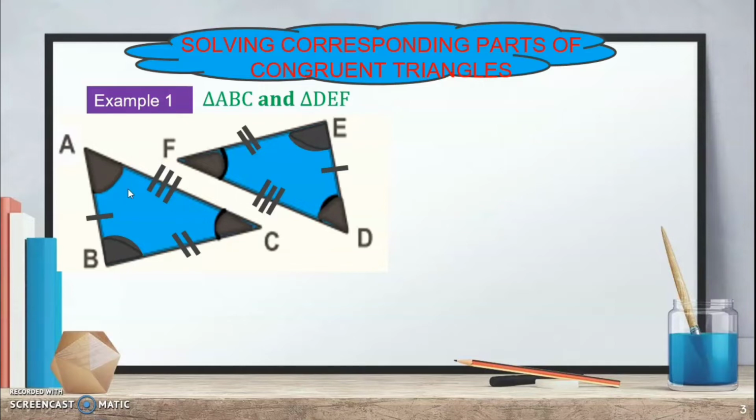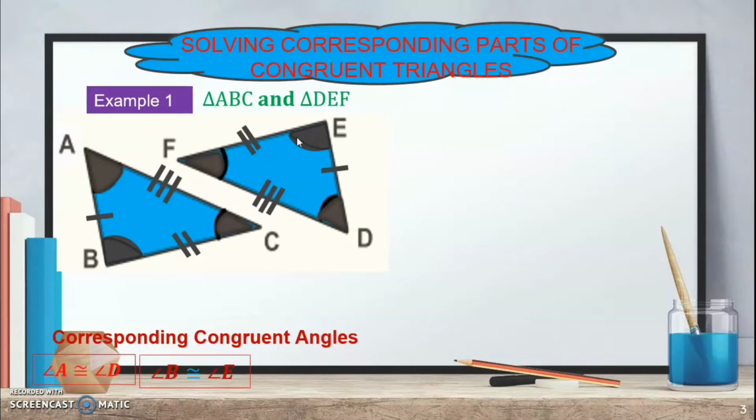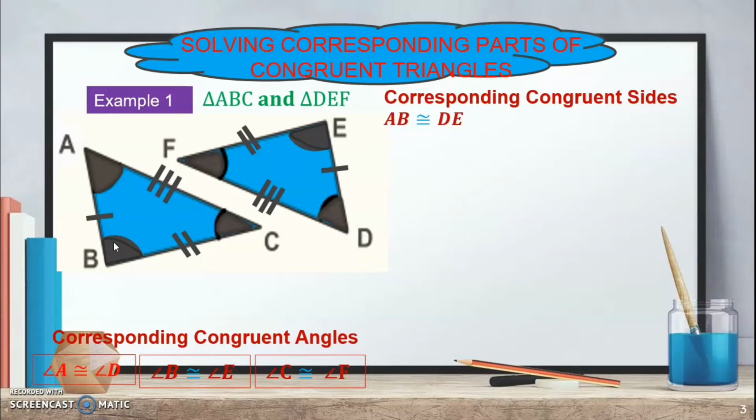Their corresponding congruent angles: angle A corresponds to angle D, then angle B corresponds to angle E, then the last angle, angle C corresponds to angle F. Corresponding congruent sides: side AB is congruent to side DE.